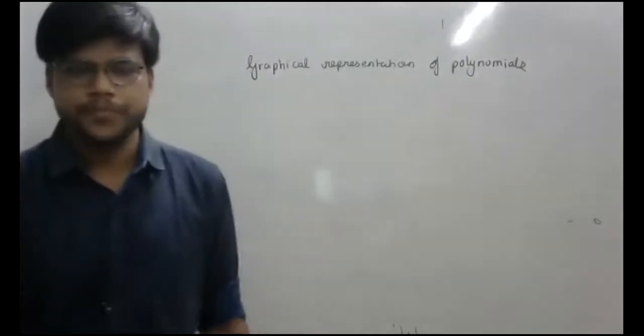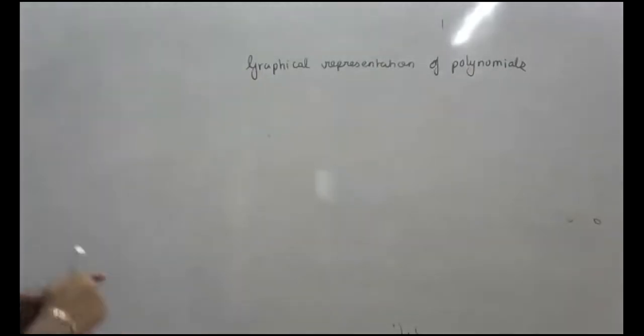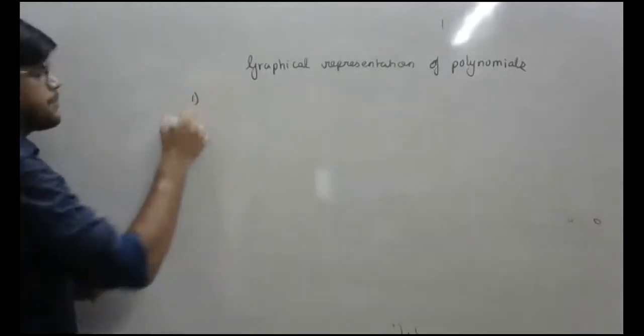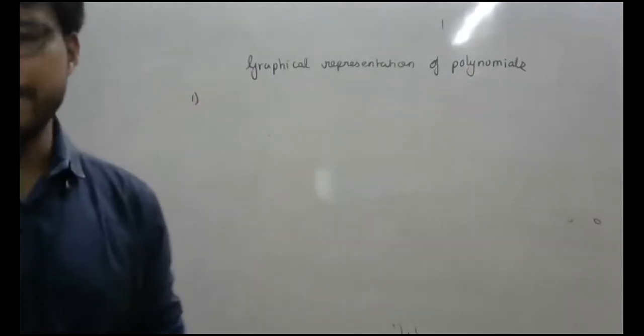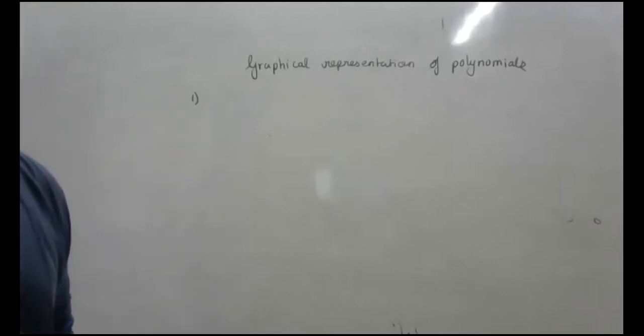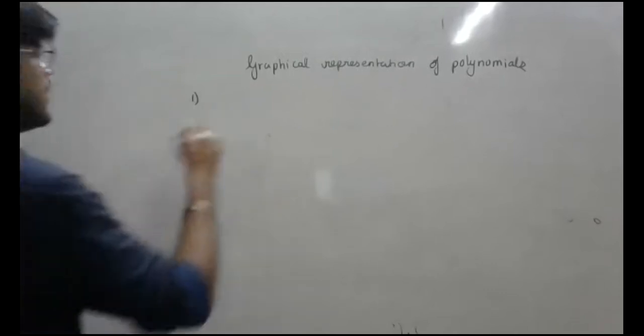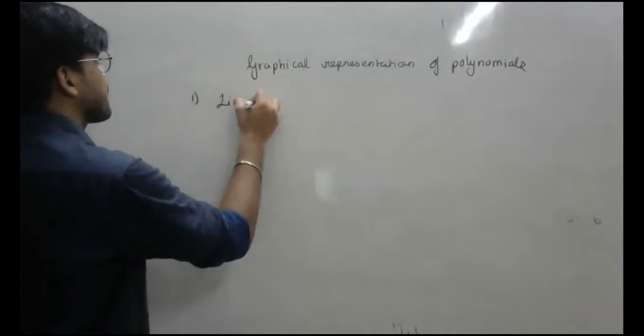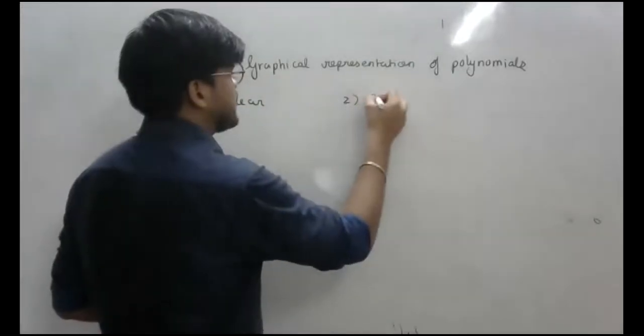We'll be understanding about graphical representation of different types of polynomials. We have studied the main three types of polynomials based on their degree, which we'll be studying in this particular chapter: linear, quadratic.